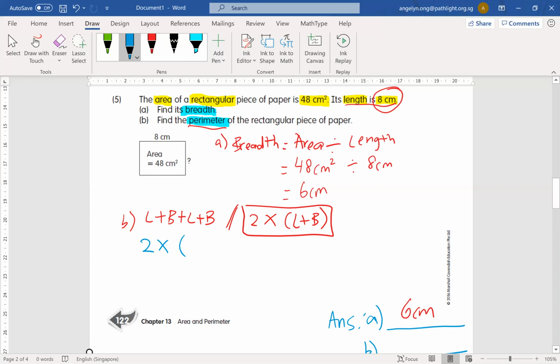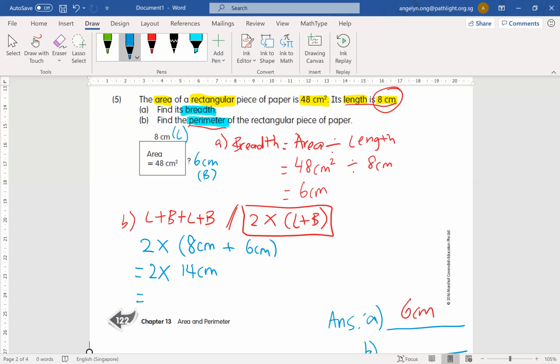The length is given as 8 cm plus the breadth, which we found in part A as 6 cm. So we put in the breadth here. This is length and this is breadth. Okay, so 2 times of, what's 8 plus 6? 14 cm.